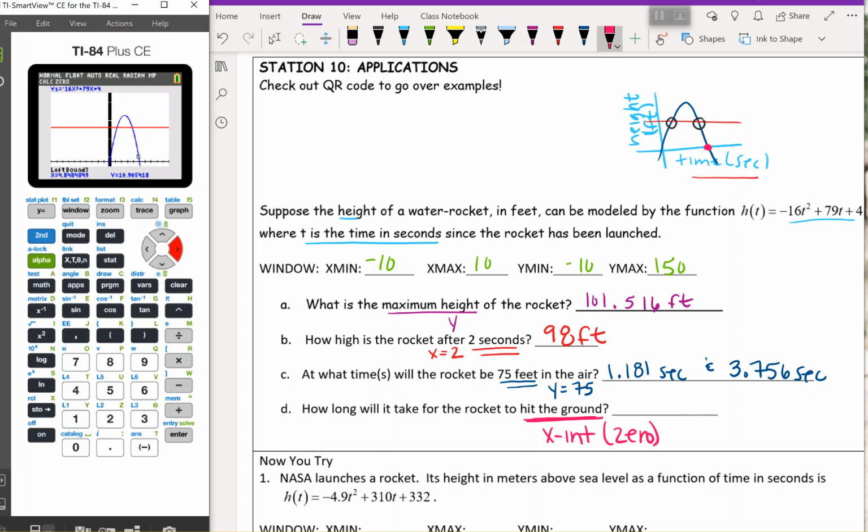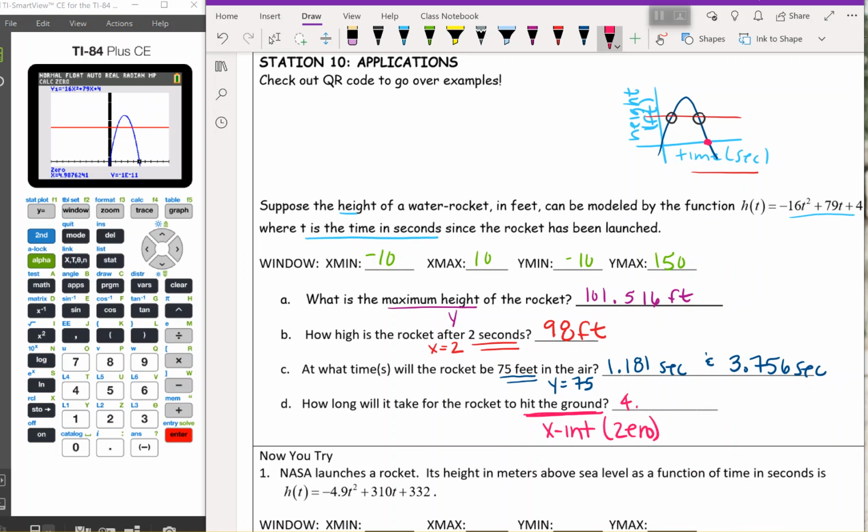So it says left. I'm left of my x-intercept, I hit enter. And then I go a little to the right of my x-intercept and hit enter. And then near my x-intercept and hit enter. And so the x value we get here is 4.988 seconds.